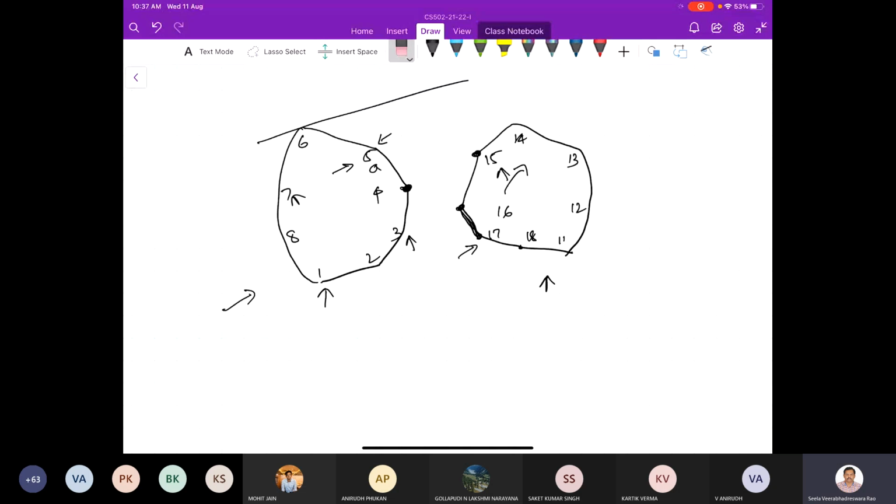We check whether this is the upper tangent to the right hull. Still it is not an upper tangent, so again we move to the previous one.